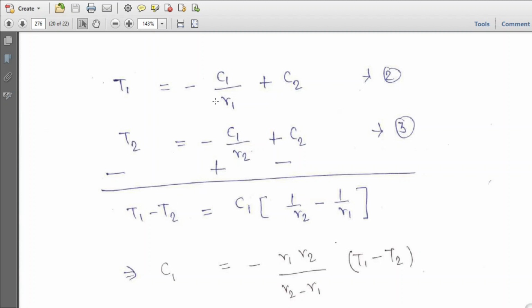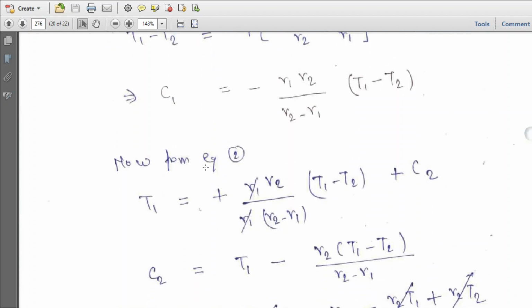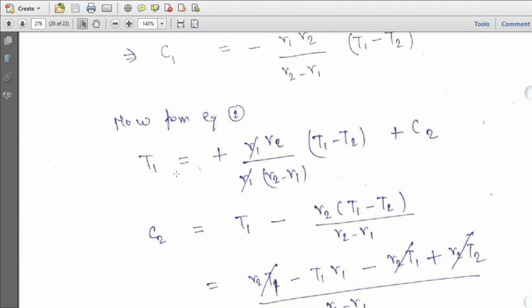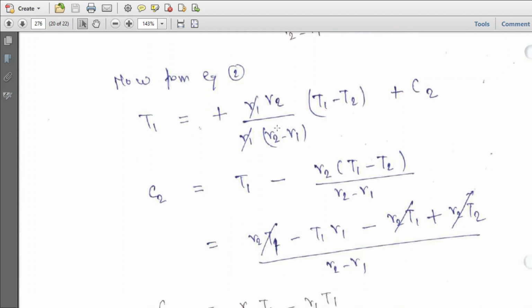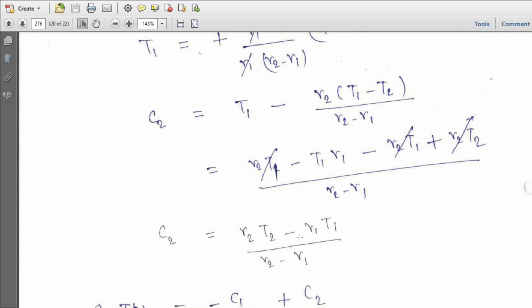Substitute the boundary conditions in terms of variables. You will get C1 equal to minus R1 R2 upon (R2 minus R1) times (T1 minus T2). Substitute this into equation number 1, so T1 equal to R1 R2 upon (R2 minus R1) times (T1 minus T2) plus C2. So C2 comes out to be (R2 T2 minus R1 T1) upon (R2 minus R1).